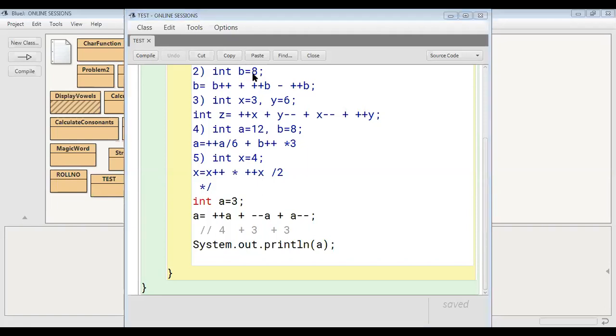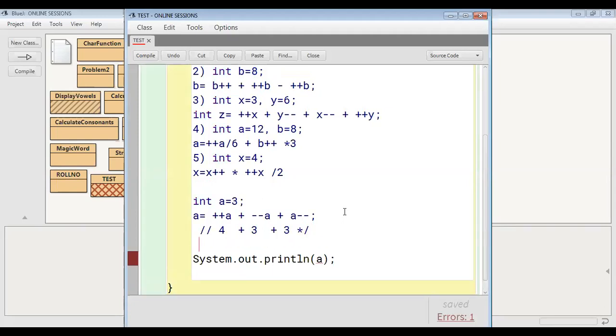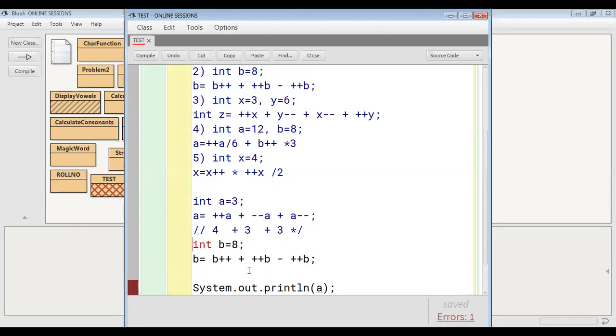I copy this and put it in a comment. Integer b is equal to 8, b is equal to b plus plus plus plus plus b minus plus plus b. Quickly tell me, class, what's the answer?